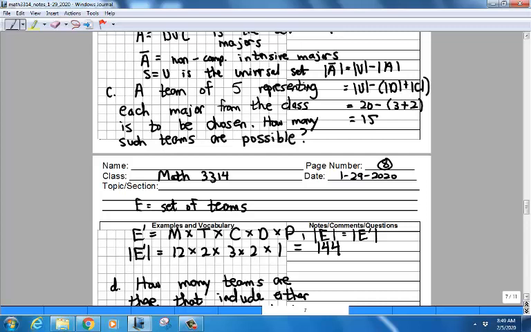So to count E prime, that's easy. You just have to know the cardinality of M multiplied by the cardinality of T multiplied by C, D, and then P, multiply those all together, and that turns out to be 144. So that's how many tuples we have in this cross product. Therefore, that's how many teams we can form from the class.